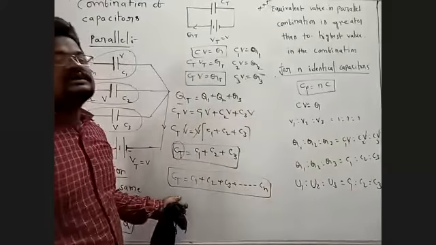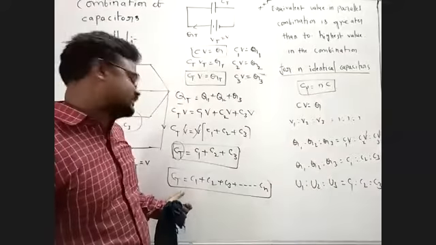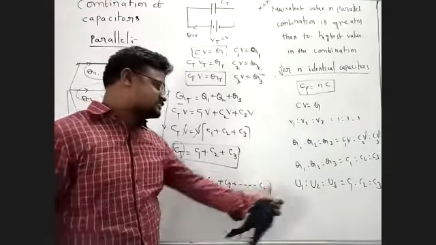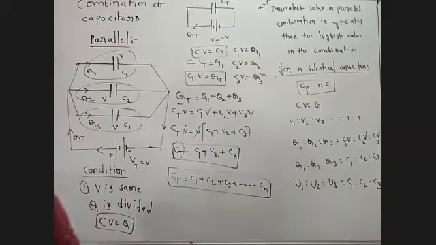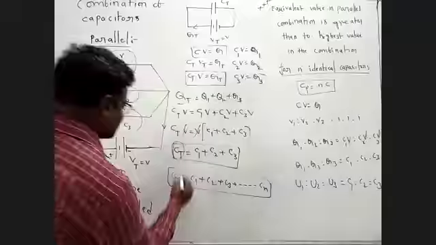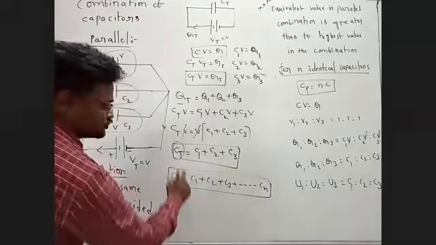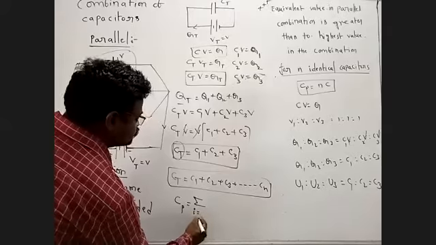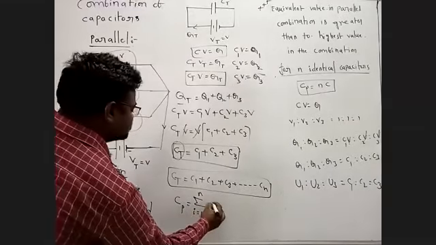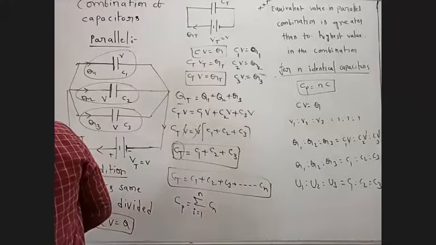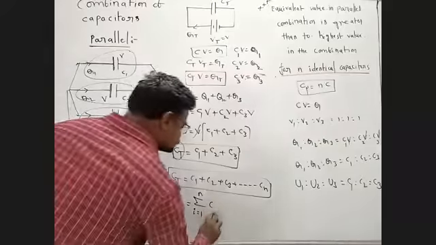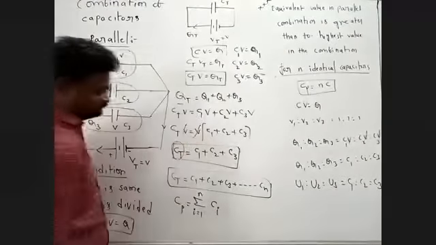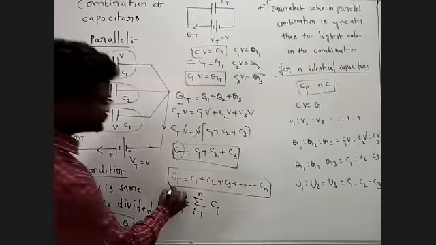For n different capacitors connected in a parallel combination, C total is equal to C1 plus C2 plus C3 and so on up to Cn. We write this as C total, parallel combination, equals the sum from i equals 1 to n of Ci.